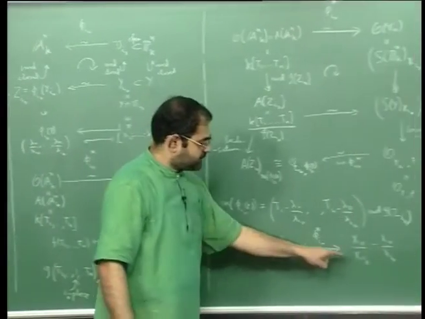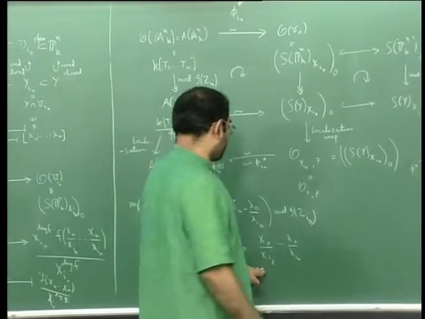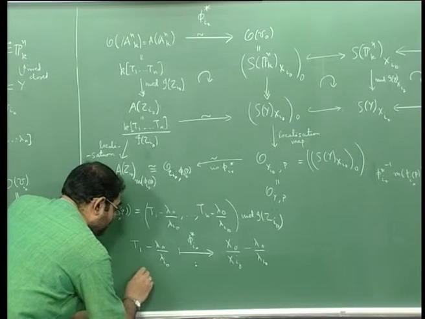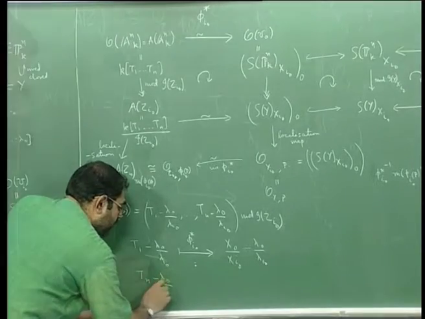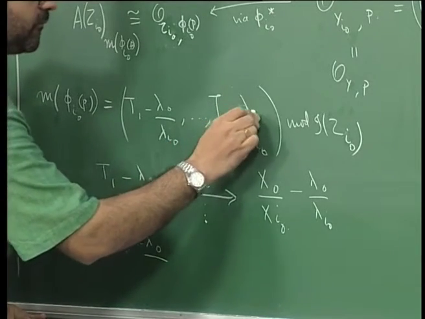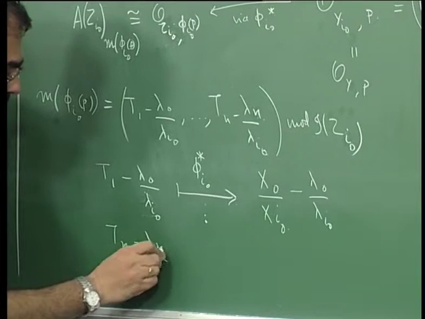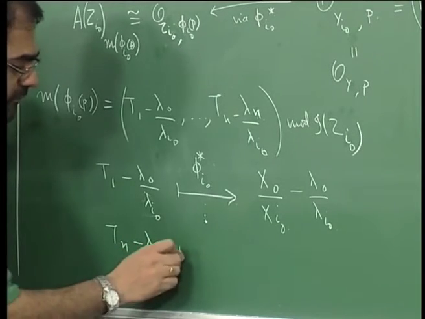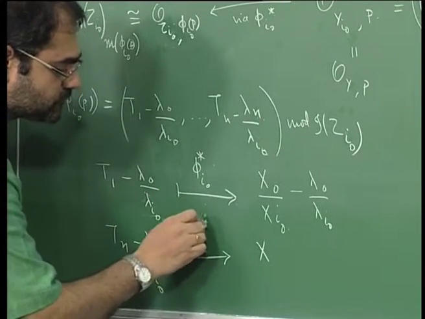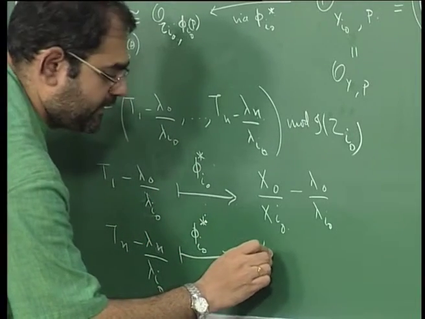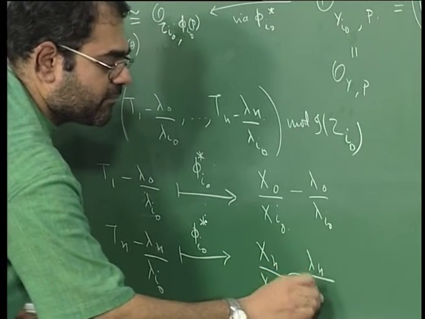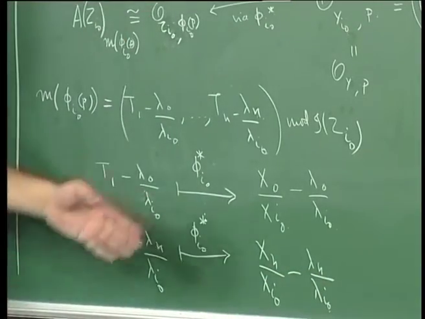Similarly, if you take the element T_n minus lambda_n by lambda_i0, under this phi_i0 star it is going to go to x_n by x_i0 minus lambda_n by lambda_i0.